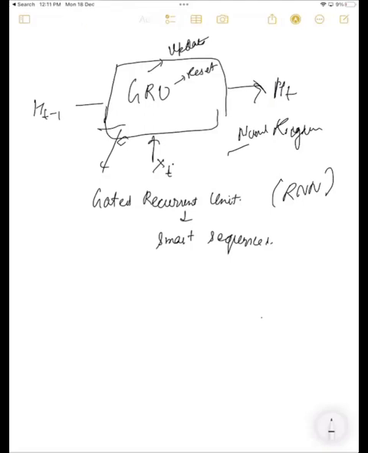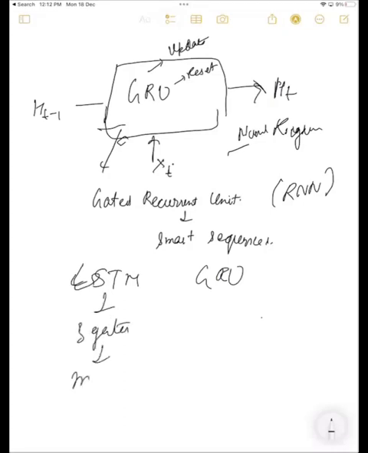If we talk about the difference between LSTM and GRU, LSTM has 3 gates and is more complex, and GRU condenses this to only 2 gates: one is the update and one is the reset gate.